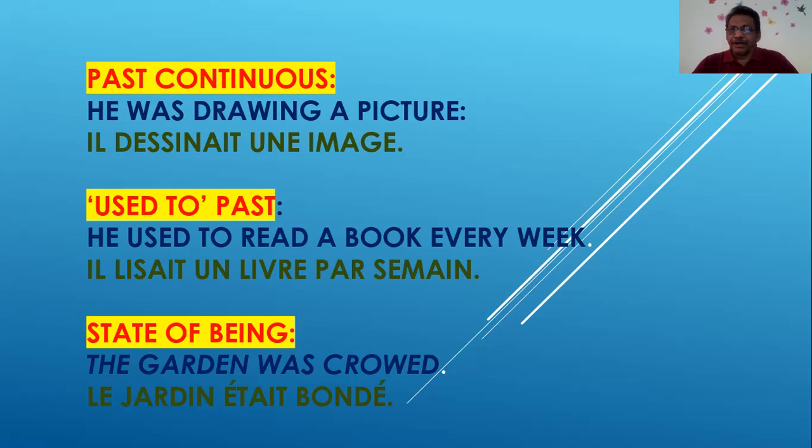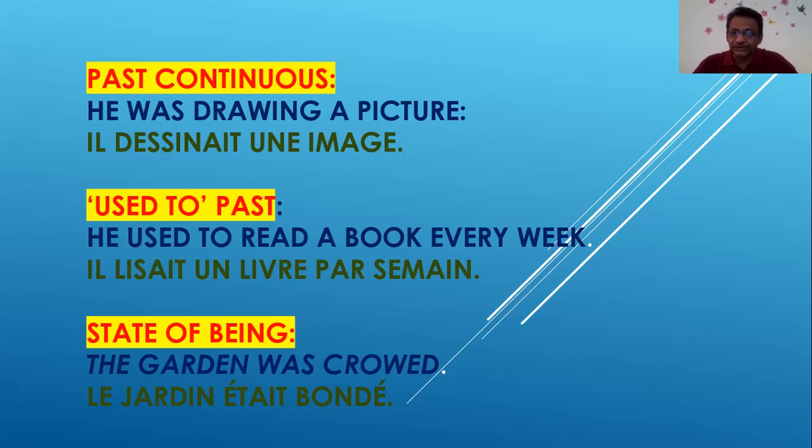Used to past is used when we are talking about past habits, past regular occurrences, past actions which were recurrently happening, but they are not happening now in the present.